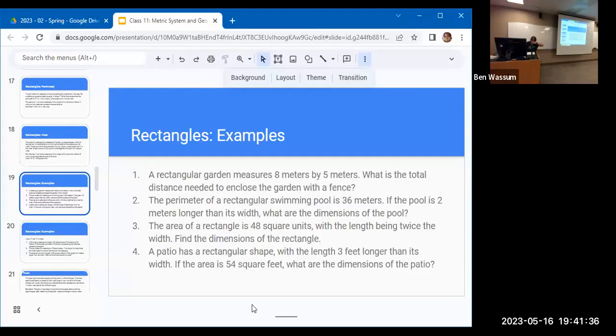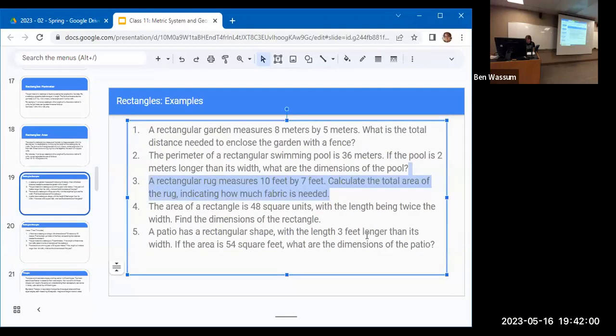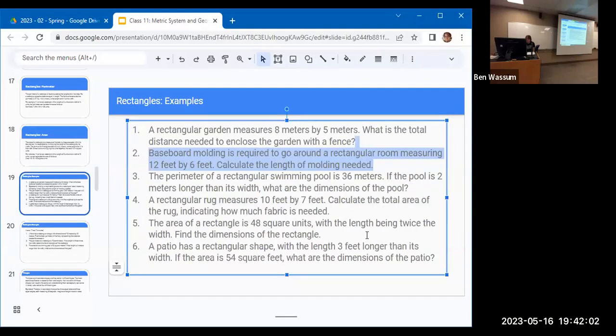But the next one, number 3, says the area of a rectangle is 48 square units. Did I delete the problems with the simpler area problems? Yep, I sure did.